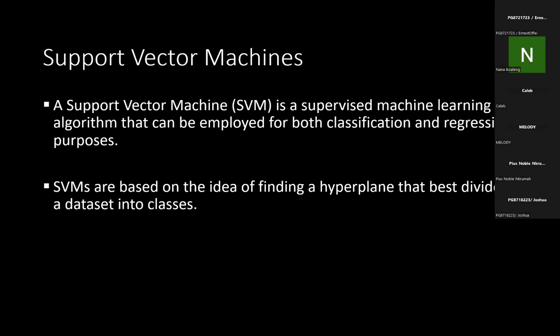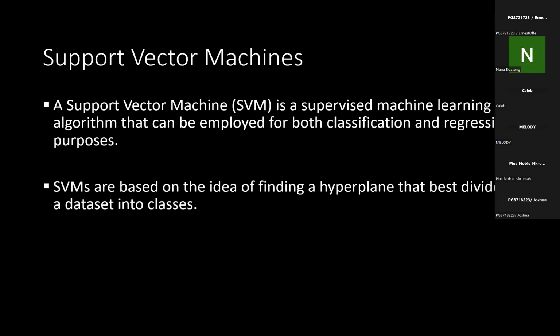SVM is based on the idea of finding a hyperplane that best divides a data set into classes. The concept of SVM is that there are several ways by which we can divide a data set into regions whereby we can make predictions.